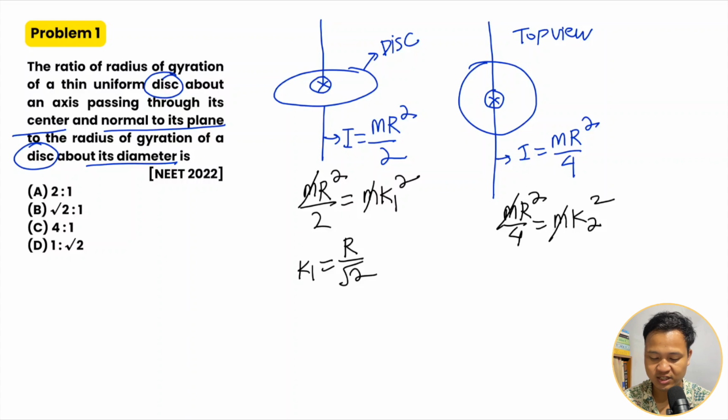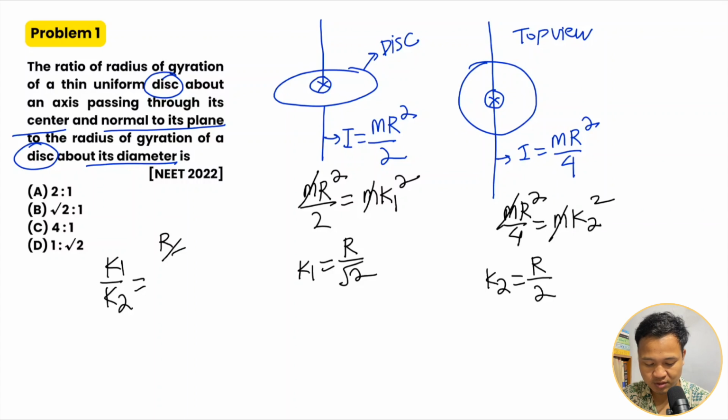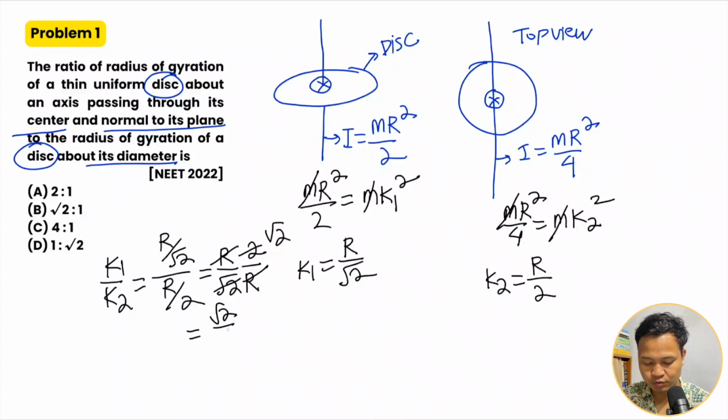Taking the square root on both sides, k2 is equal to r divided by 2, since root 4 is 2. Now the ratio of k1 to k2, the ratio of the radii of gyration: k1 by k2 is r by root 2 divided by r by 2. r cancels out, root 2 gets cancelled, and I have root 2 divided by 1. Answer should be root 2 is to 1.